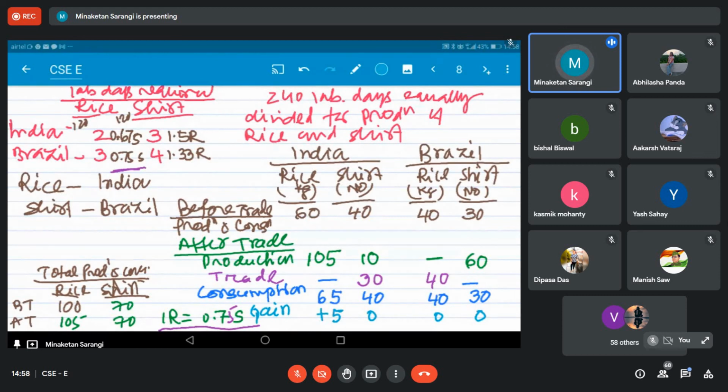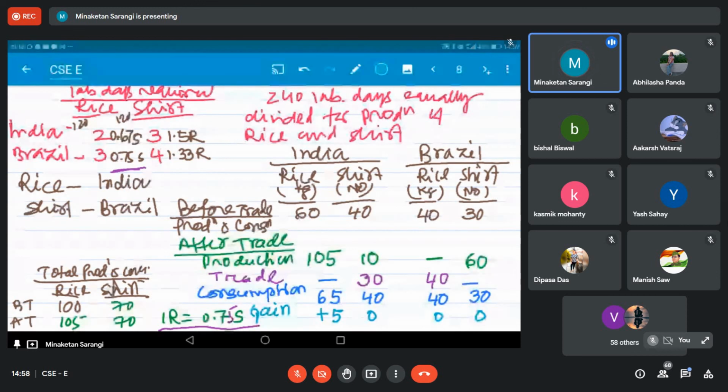When complete specialization is not possible, we go for partial specialization. Usually, when taking comparative advantage, complete specialization cannot help in analyzing the trade, and there we go for partial specialization.